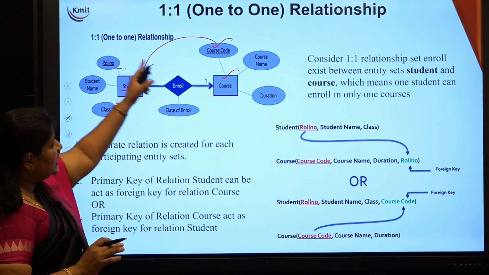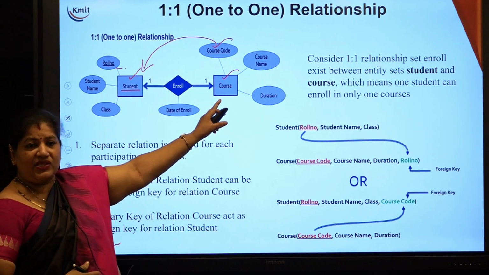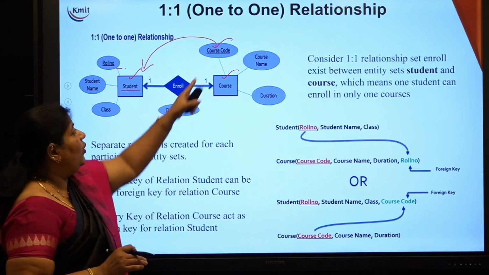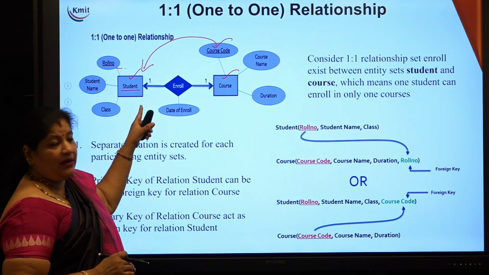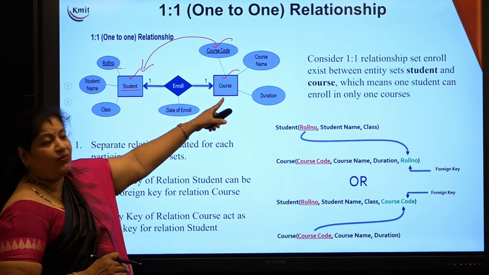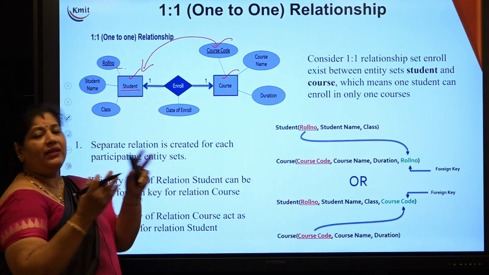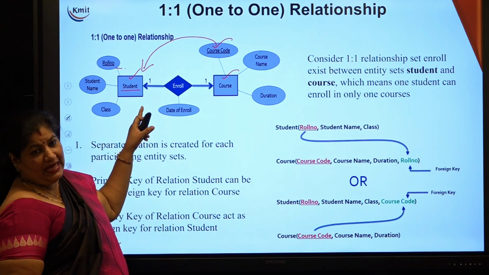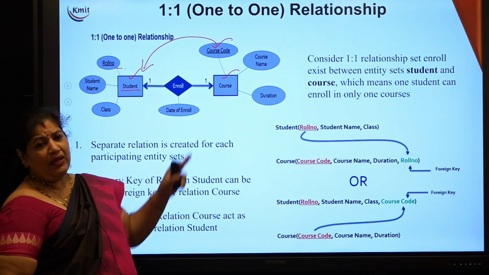In this particular case, I can have two entity tables defined, student and course, with course code, which is the primary key of course, as a foreign key in student, or the other way round. The roll number, which is the primary key of student, can be given as a foreign key in course.